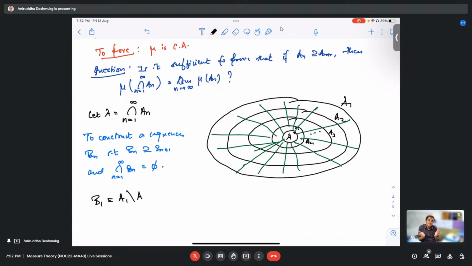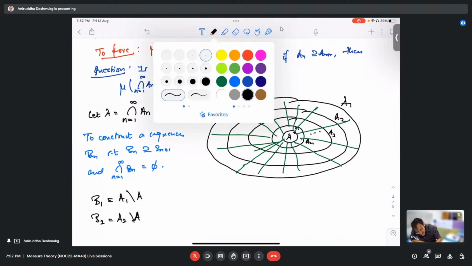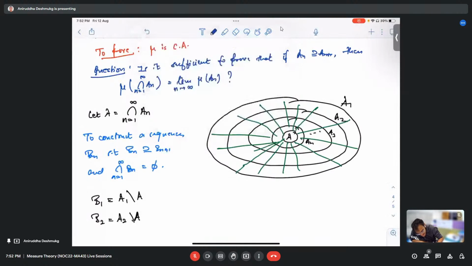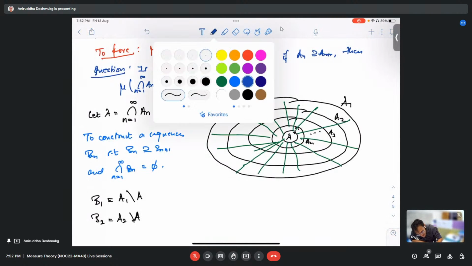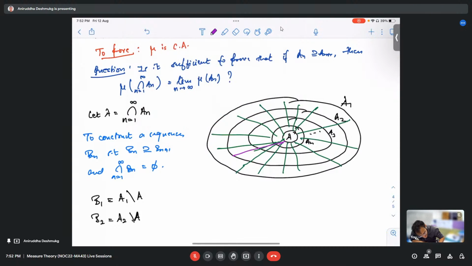Let us consider B2 as A2 difference A, which is all of this thing, and then so on. So in general, let us define Bn as An difference A.